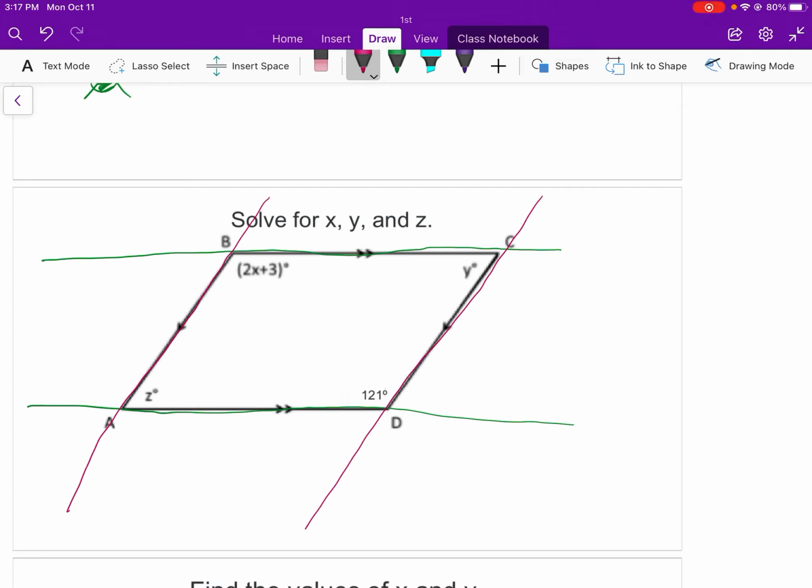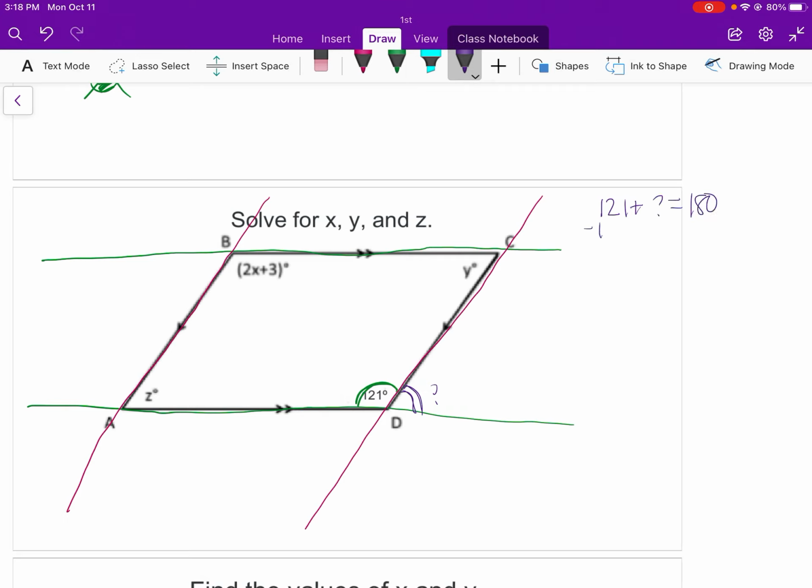So if I just go here, if this angle is 121, then its linear pair is going to be whatever 121 needs. So if this is question mark, 121 plus question mark equals 180.